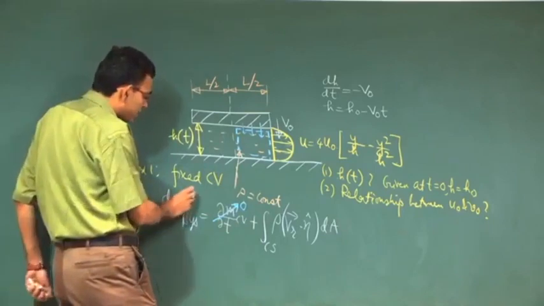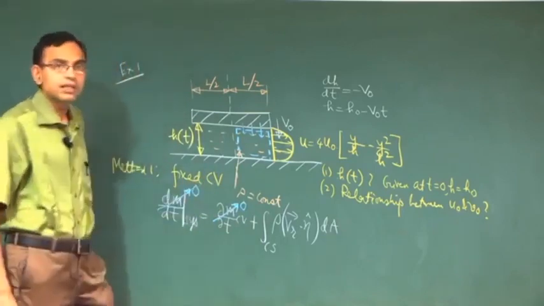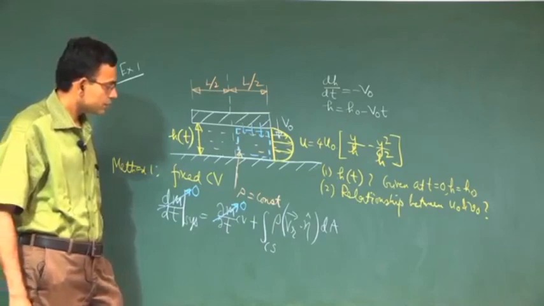This term is always 0 because a control mass system will always have a fixed mass.